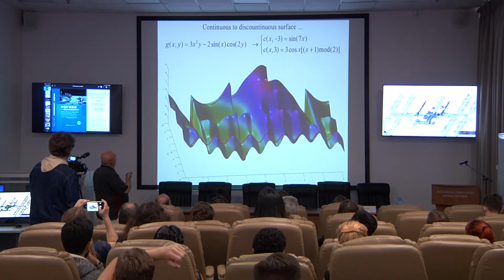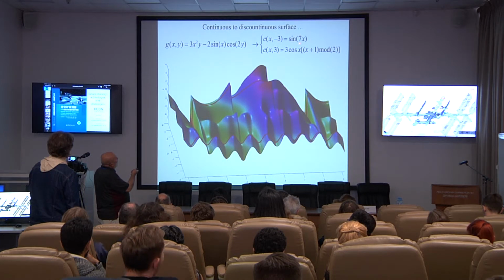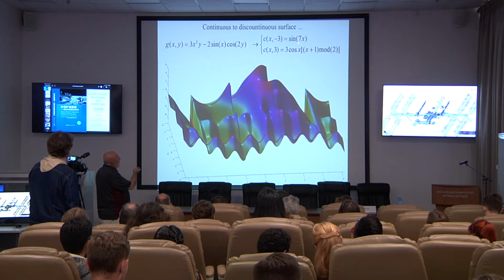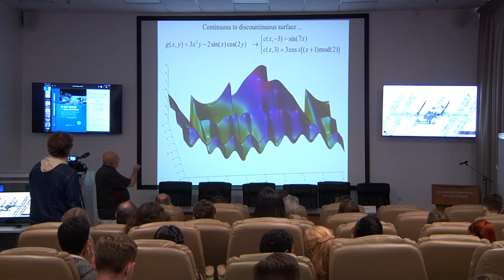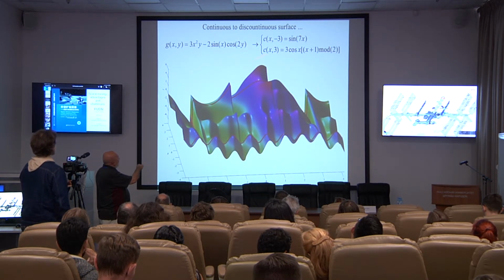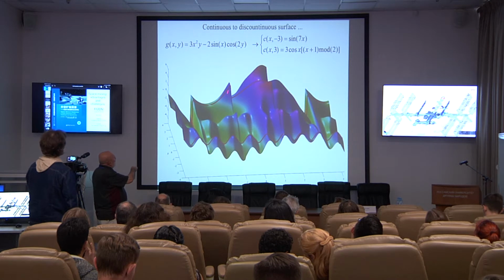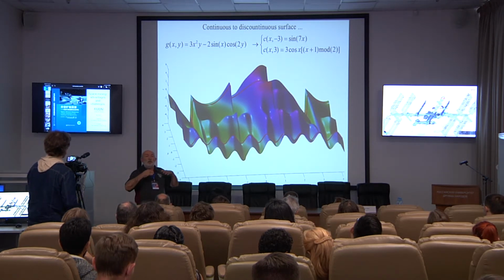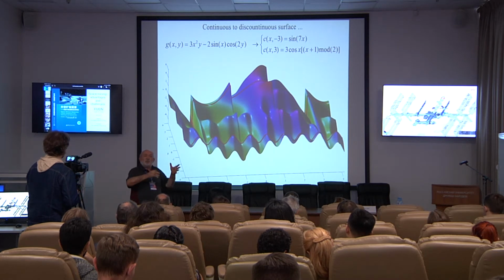I define basically two constraints, two functions. One is a sine of 7x, so it's this oscillating red, and the other uses modular arithmetic, so it's discontinuous. And here you see that you obtain a surface that from continuous becomes discontinuous.